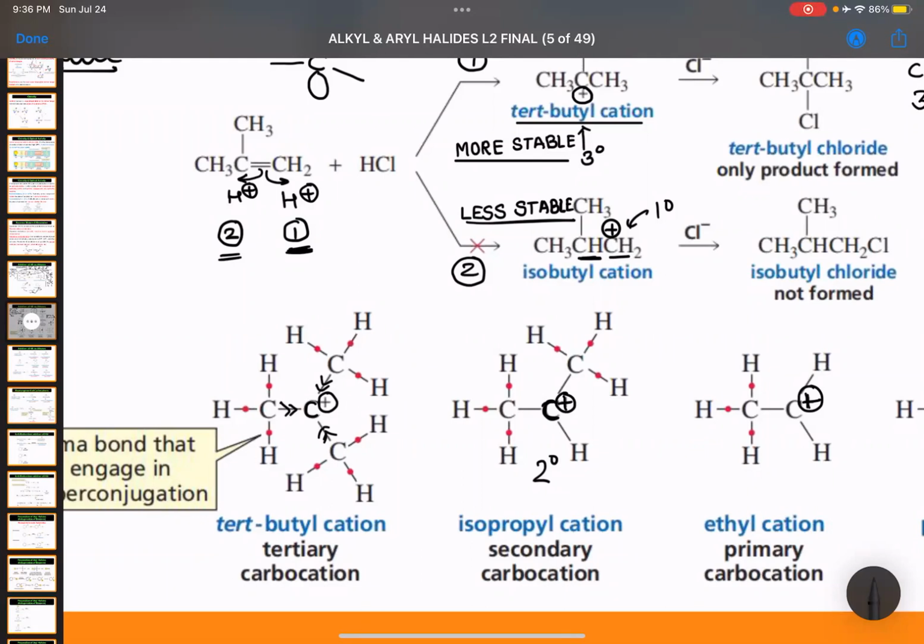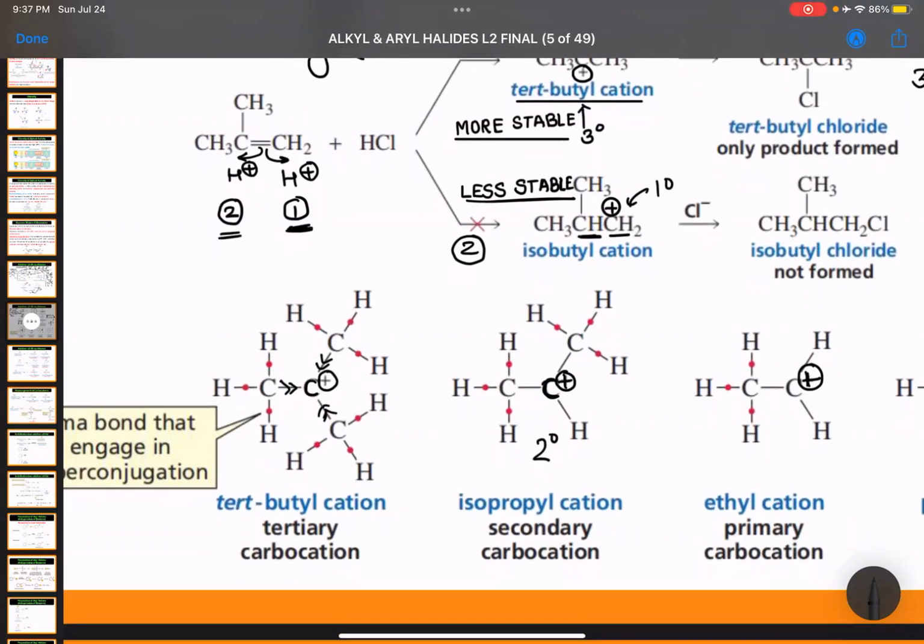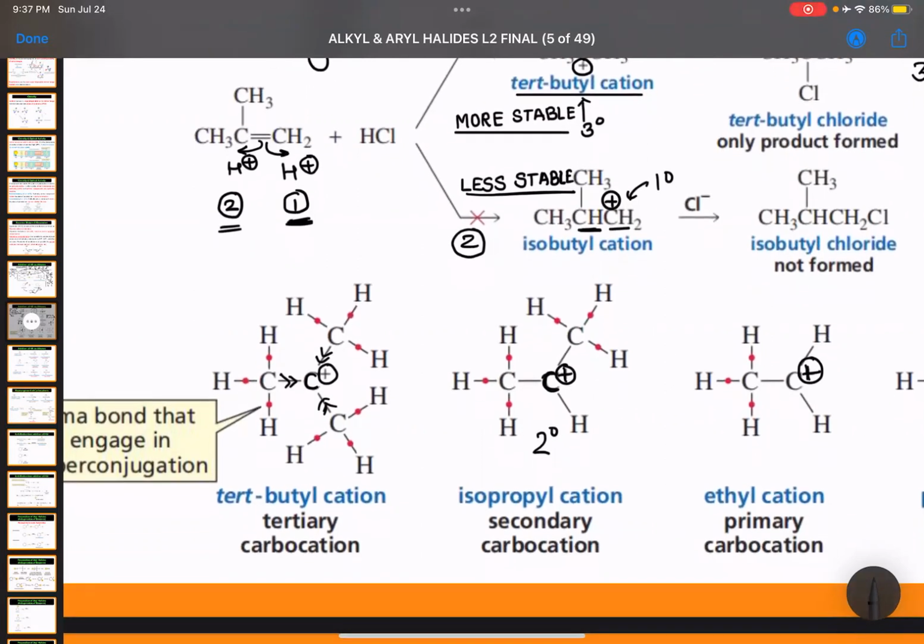In fact, they are electron donating groups. For example, an electronegative atom will try to pull the bonded electron towards itself. But here, the carbon atom bearing the plus charge is connected to three alkyl groups, and these three alkyl groups are electron giving groups because they are not electronegative.